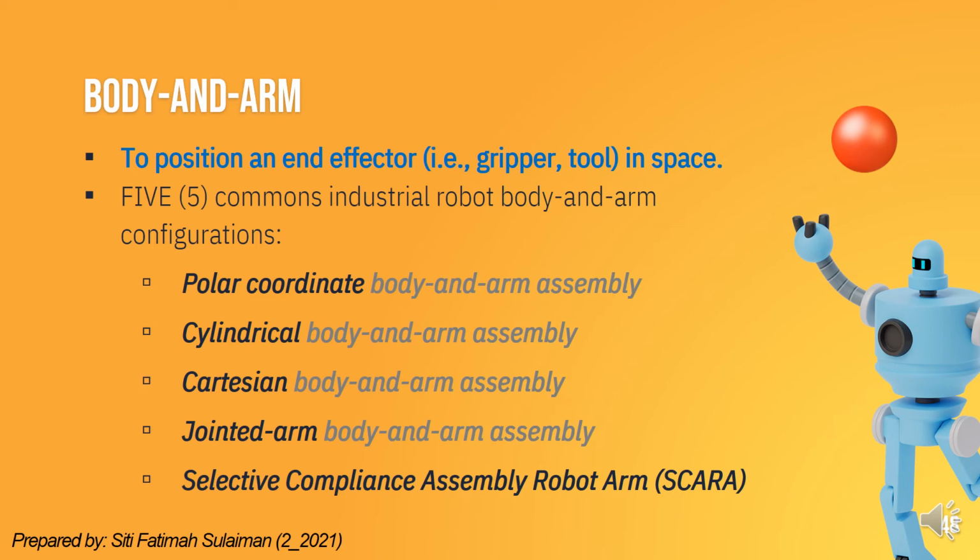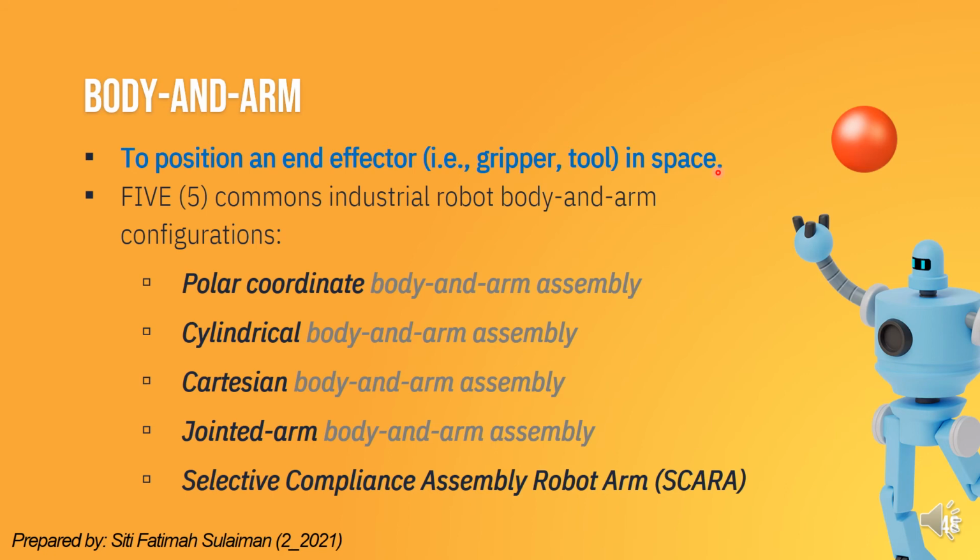Okay, let's take a look at the first part, which is body and arm. The main function of body and arm is to position an end effector, such as a gripper or tool, in space.